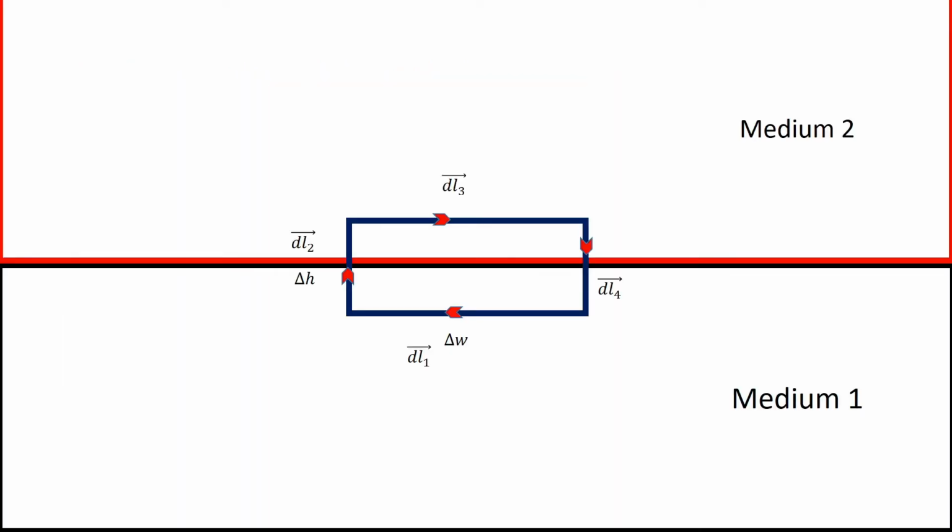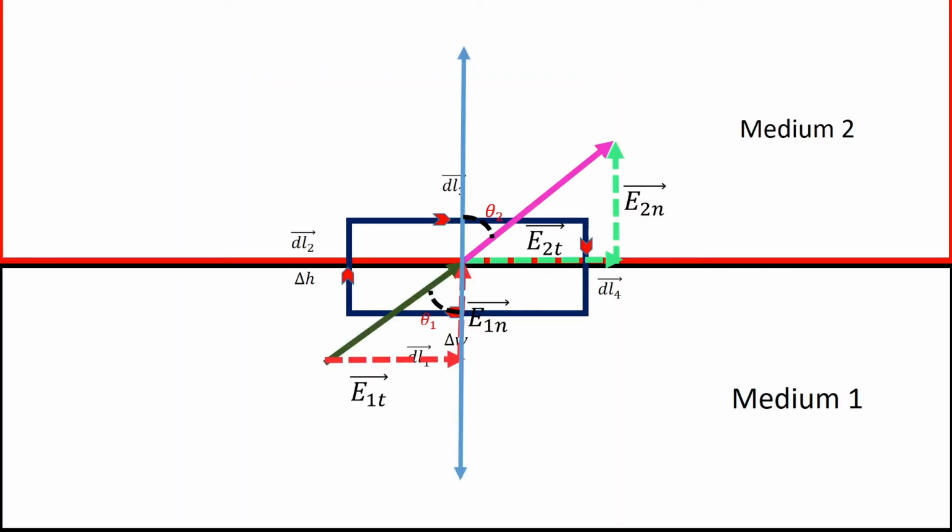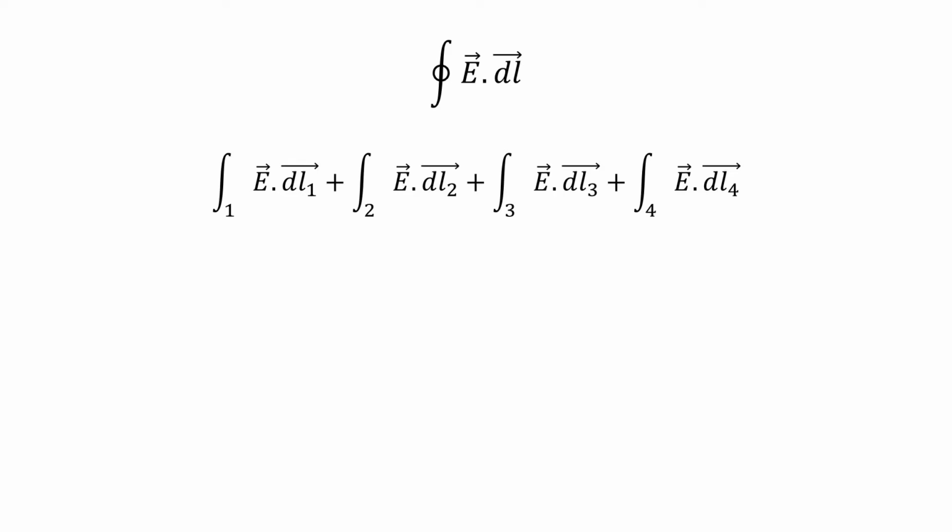So this is the closed path integral we have considered, and these are the various components which are present. To perform the closed path integral, we just add 4 open path integrals. Let us discuss them one by one.